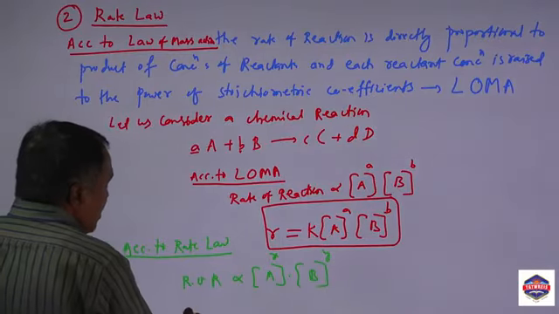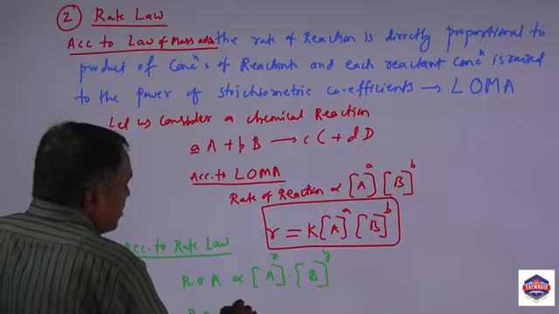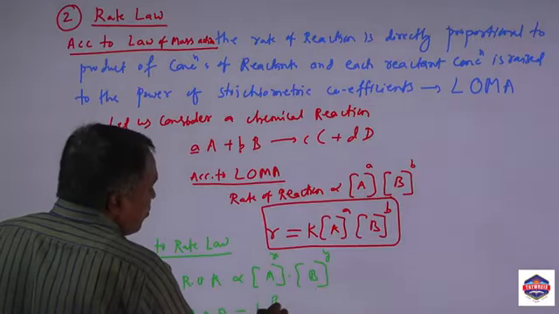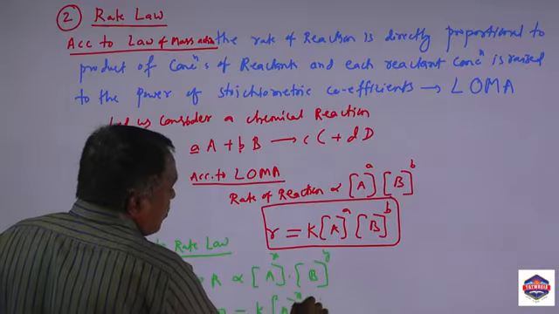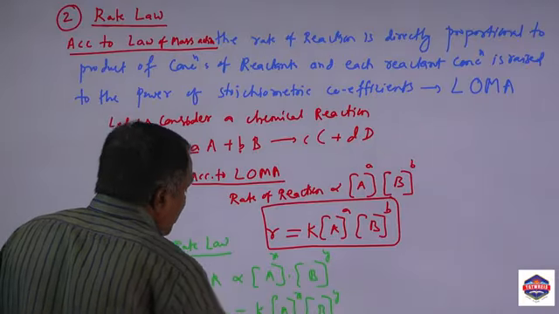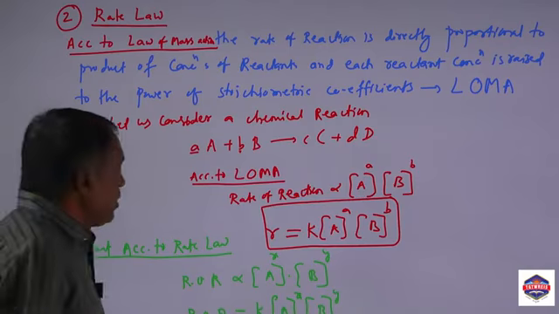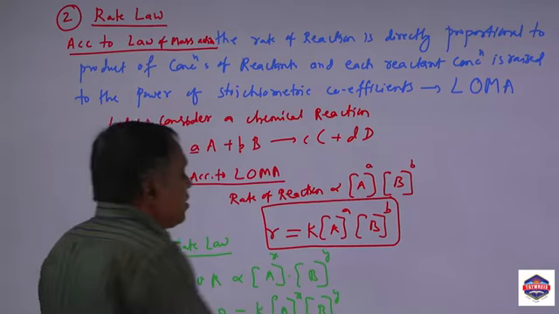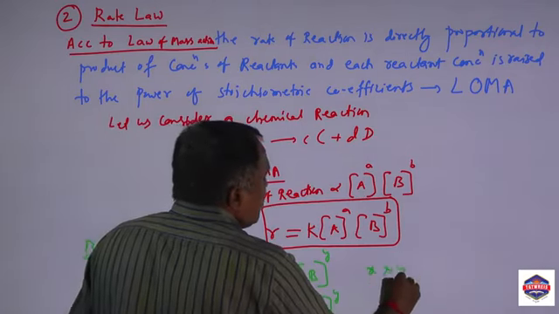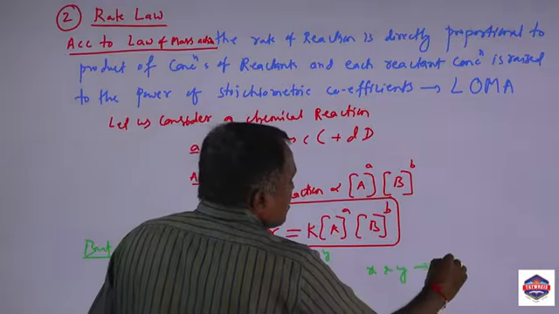Therefore, the rate of reaction is equal to one constant k into [A] power x and [B] power y. Here x and y are the practical, experimental coefficients.